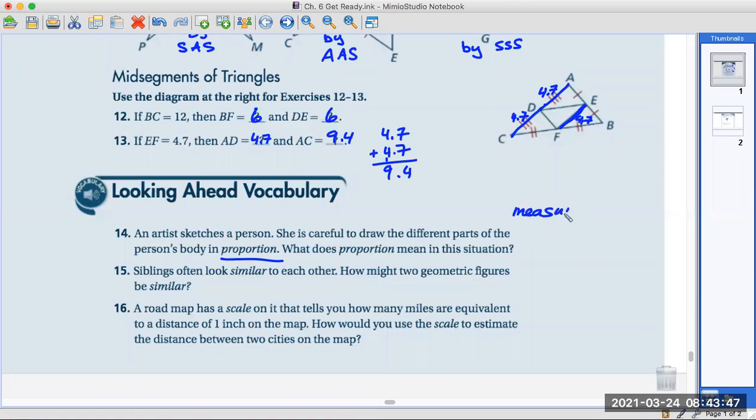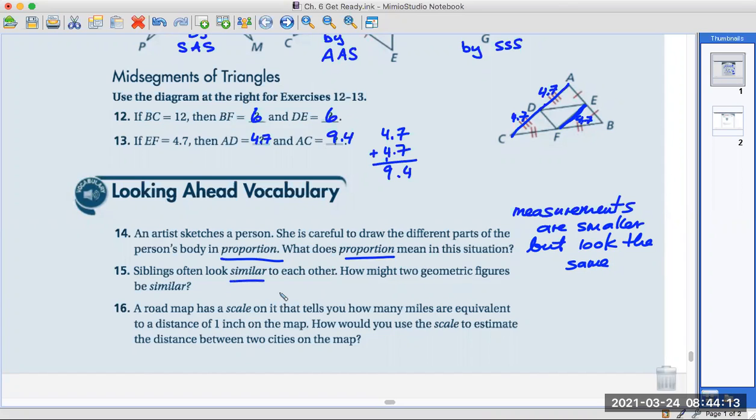Measurements are smaller, but look kind of the same. So you don't have a big head and a small body. So the person is in proportion when she draws her, yeah?